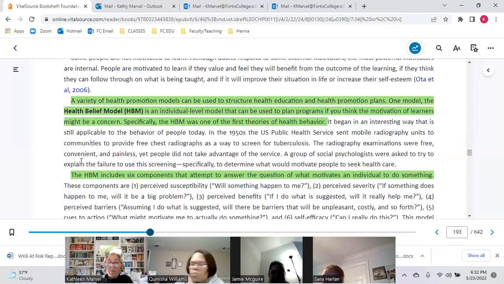So there are a couple of models that we can use when we're using our teaching programs. The first one is the health belief model, the HBM. And this model is particularly used if you think that motivation is going to be a problem. Okay.